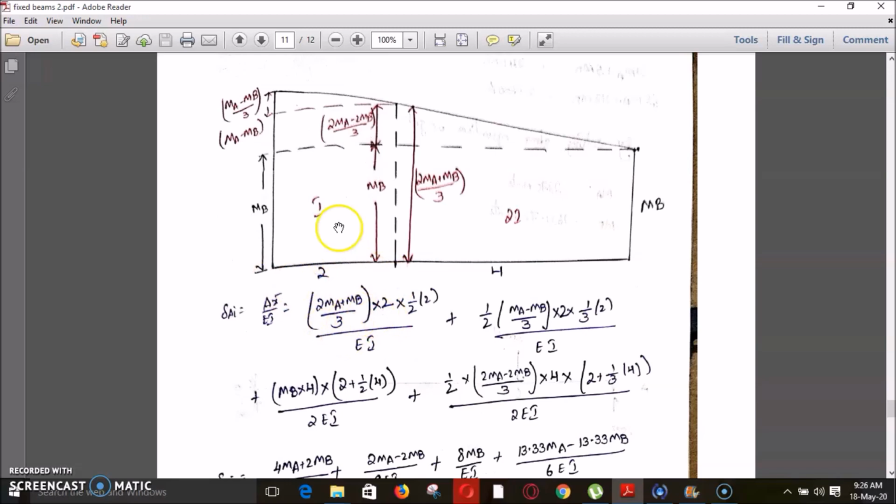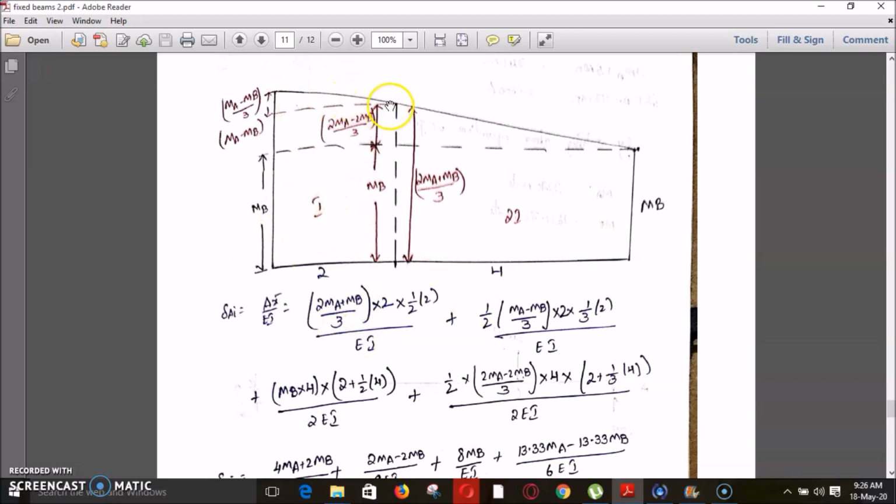This is the area of this rectangular part, and the X bar value here will be at the center, so 1/2 into 2. This is my AX bar, and EI is the same, since the flexural rigidity here is I.